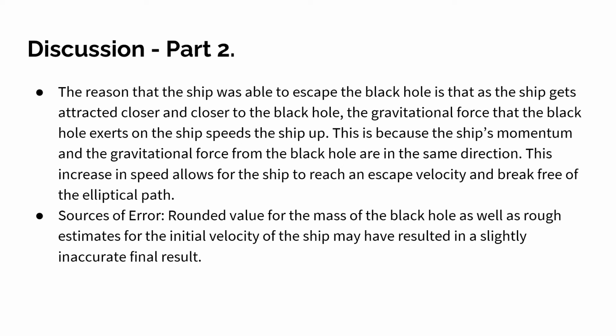This is because the ship's momentum and the gravitational force from the black hole are pointed in the same direction. This increase in speed allows the ship to reach escape velocity and break free of the elliptical path. Rounded values for the mass of the black hole as well as rough estimates for the initial velocity of the ship may have resulted in a slightly inaccurate final result.